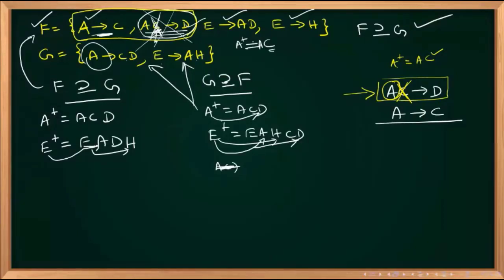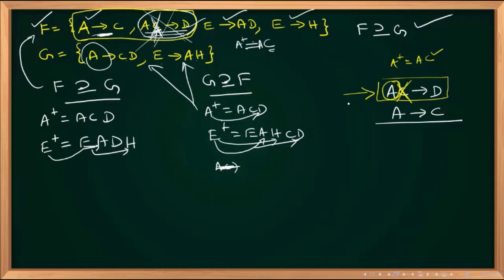We are talking about after removing all the redundancy, after removing all the unwanted functional dependencies. Now your set 1 and set 2, whether they are covering each other, then only we can say that it is equivalent. Okay, minimal and equivalent. Okay, this is the point over there. Now again this removal of attributes will come again.